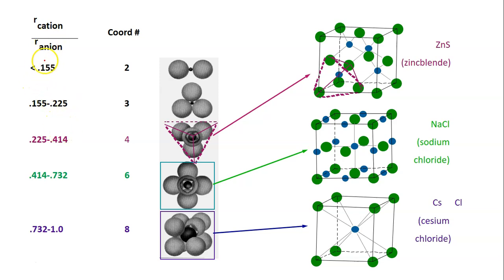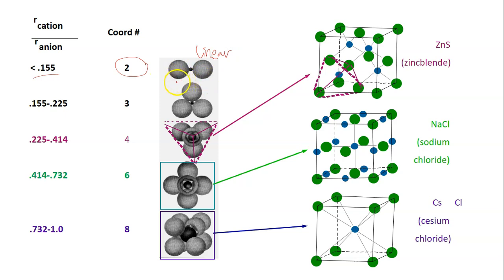So if the ratio is less than 0.155, the coordination number is 2, okay? And the very small cation is bonded to two anions in a linear manner. This is what it looks like.